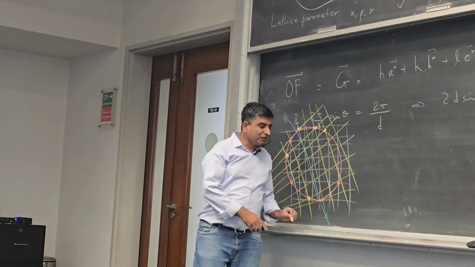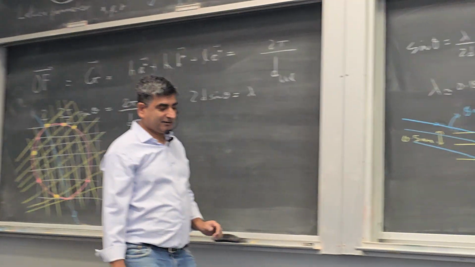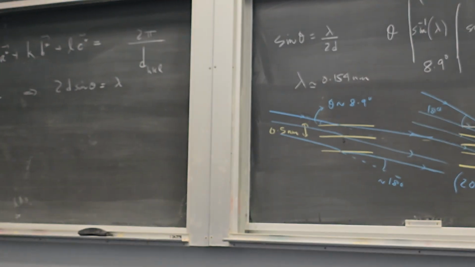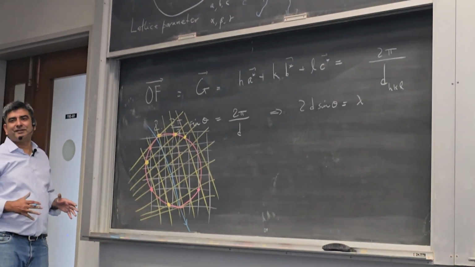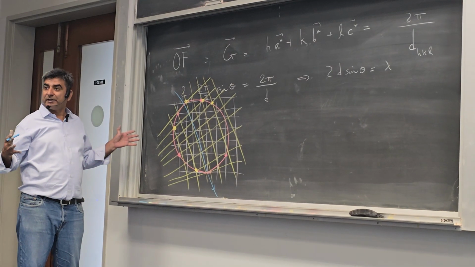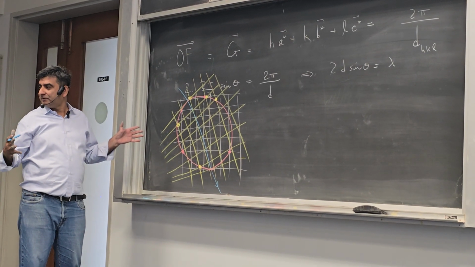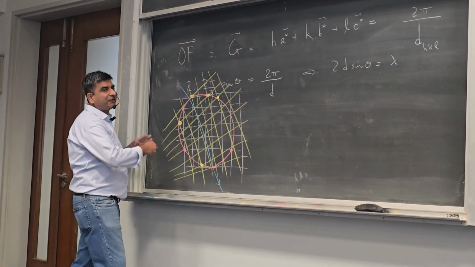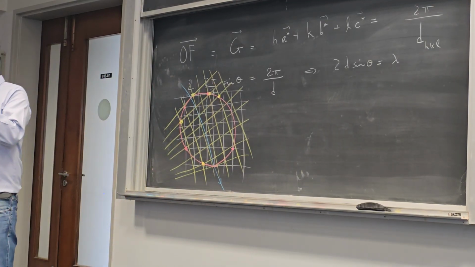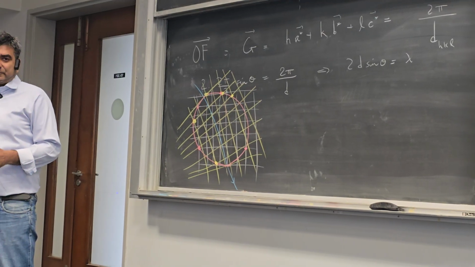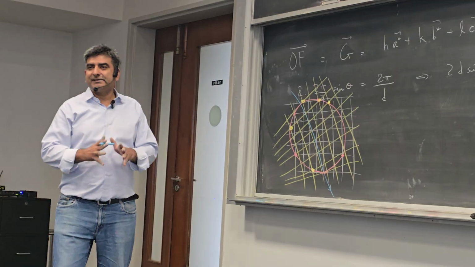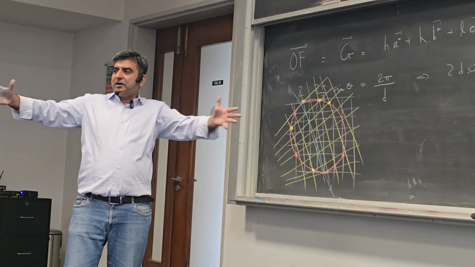Okay, it's also possible if you were to change the wavelength of the x-ray beam. If the wavelength were shorter, then the radius of the circle will become bigger. So if you use electrons instead of X-rays, where the wavelength could be 40, 50, 60 times shorter, of the order of picometers, then this Ewald sphere will become really, really large.